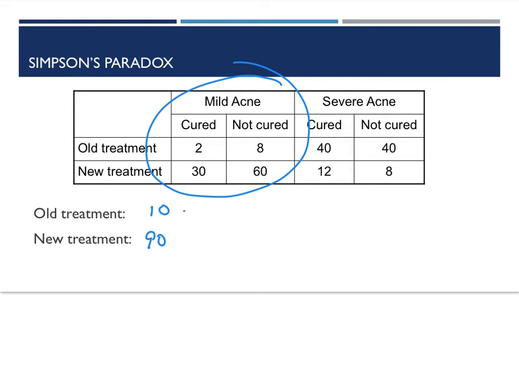But if I'm one of these people who took the old treatment, what my results are, whether they're good or bad, they're going to count 10%. Each person is going to contribute 10% to what the overall results are. But what if I'm one of the 90?